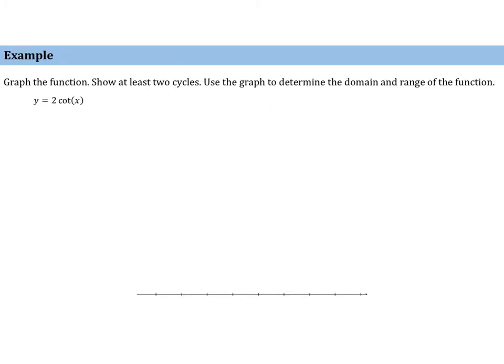So let's go ahead and look at a graph of a cotangent function. As we look at the graph of this cotangent function, you'll notice that the period is still π units because there is no horizontal transformation. What we do see is a vertical stretch.